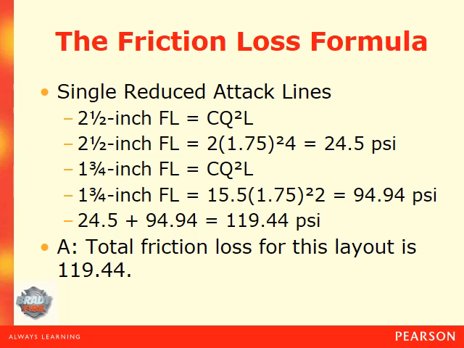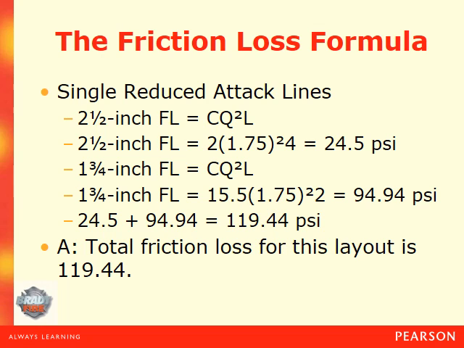Our coefficient for a 2.5 off our chart is 2. Our gallons per minute is going to be 1.75, again squared, and our length of hose is going to be 4, because that is 400 feet divided by 100. So our friction loss for the 2.5 line is only 24.5 psi.